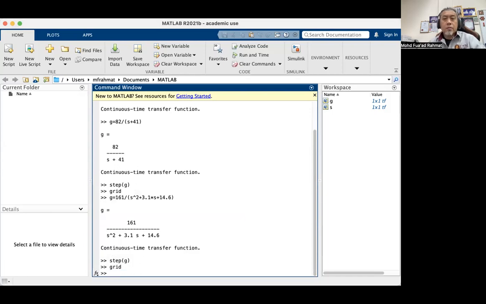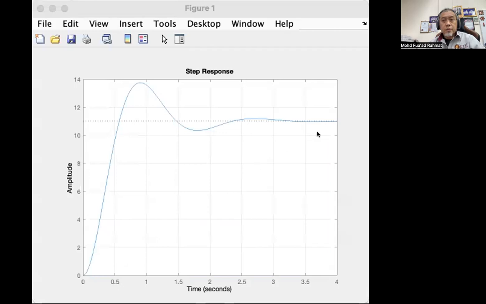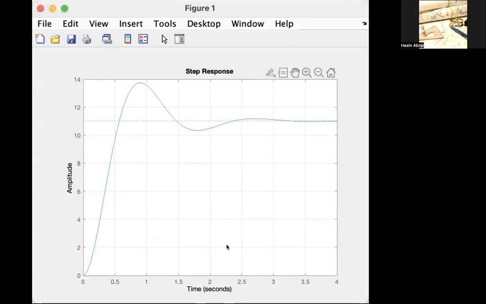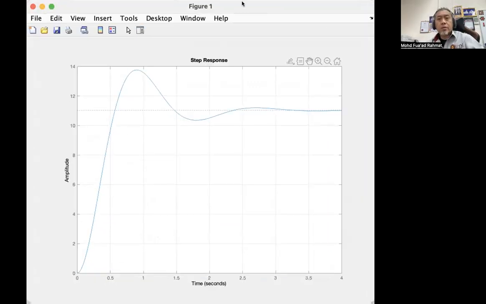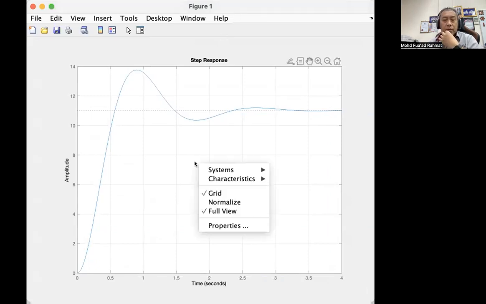Okay, so you can see the plot now. Can you see the plot? So use your mouse, right click.